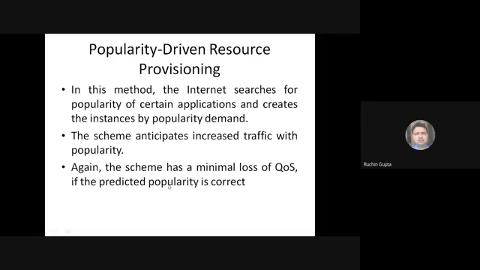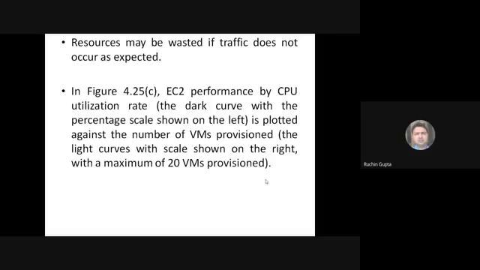But if the predicted popularity, if the predicted amount of resources is not correct, it could lead either to underutilization or to overutilization of resources. So resources may be wasted if the traffic does not occur as expected. If the traffic is very low compared to the available resources, the resources are not going to be utilized and they are going to be wasted.